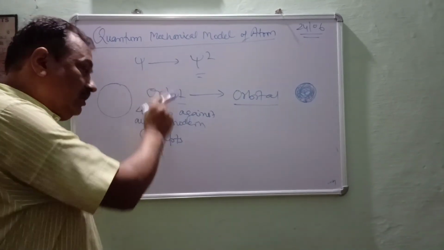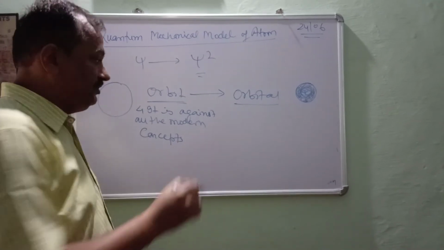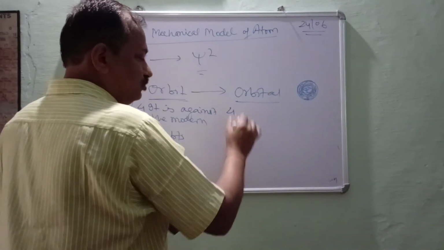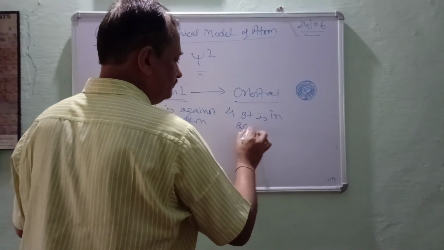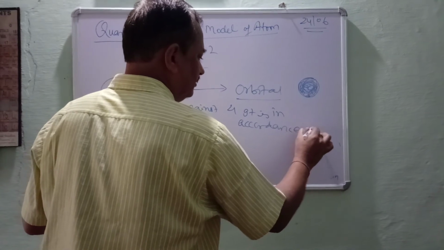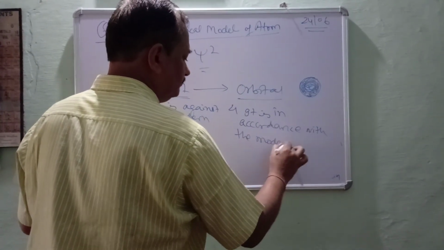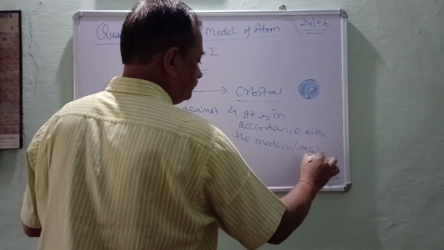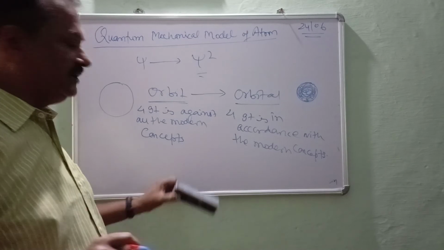I have explained this in my previous video. The orbital, however, is in accordance with the modern concepts. So this is the difference between orbit and orbital.